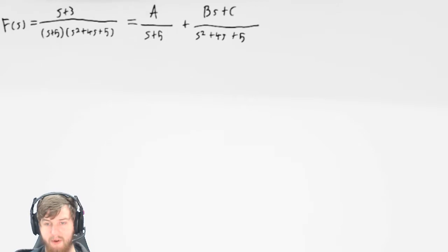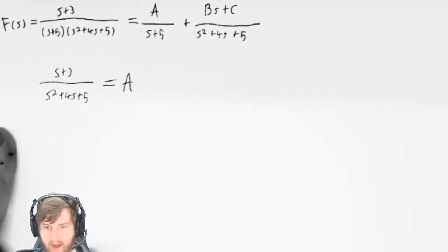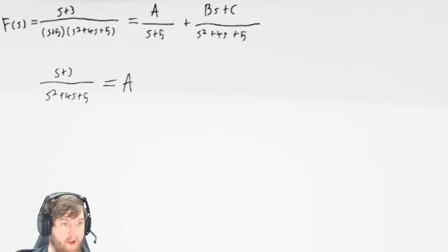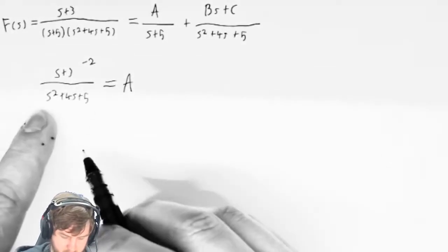That would be the A term. If we cover up our (s + 5), then (s + 3) over (s squared + 4s + 5) is equal to A, and we need to set s equal to -5. So that's going to be -5 plus 3, that's -2, over 25 plus -20 plus 5.